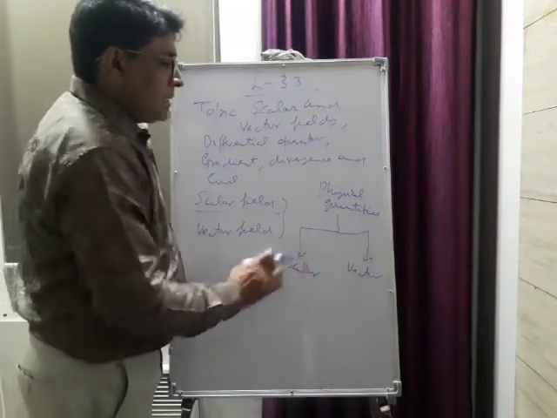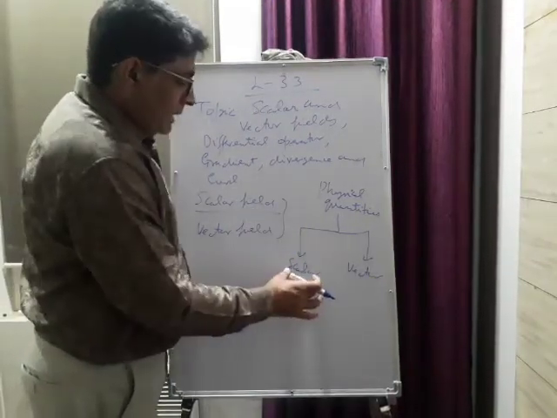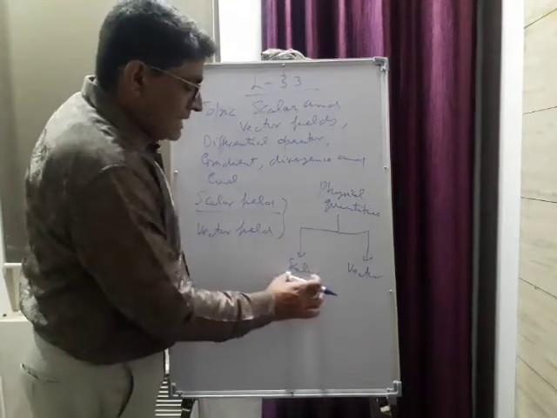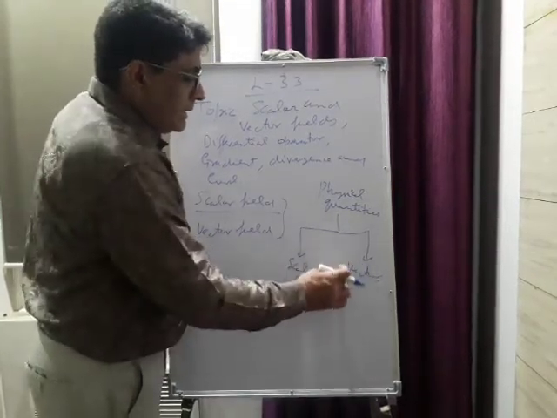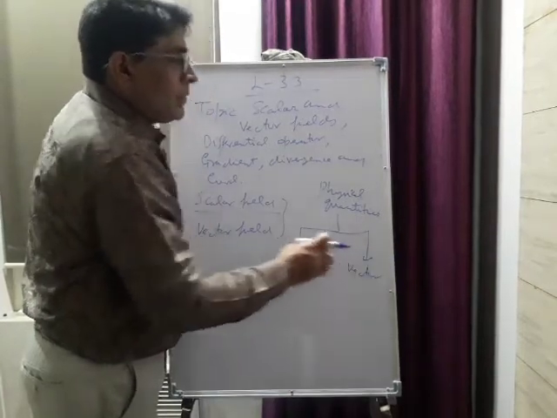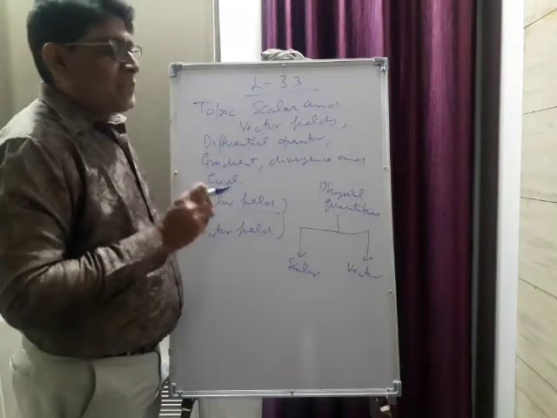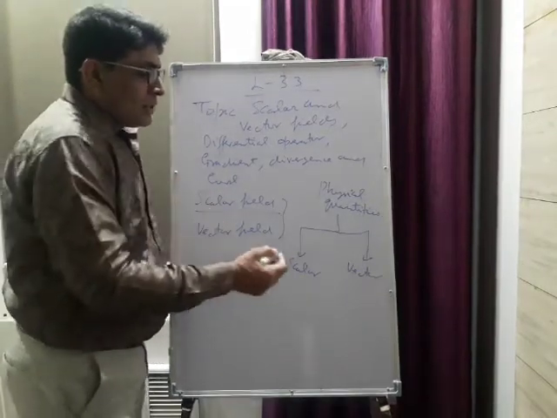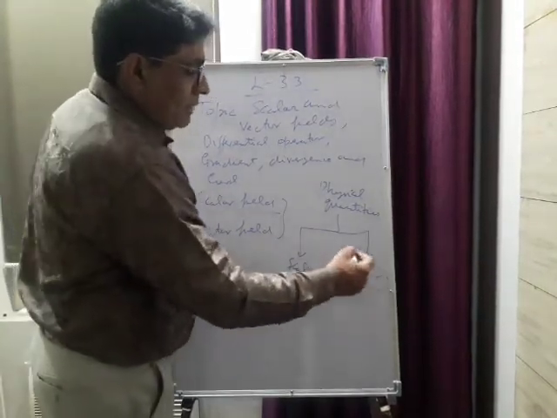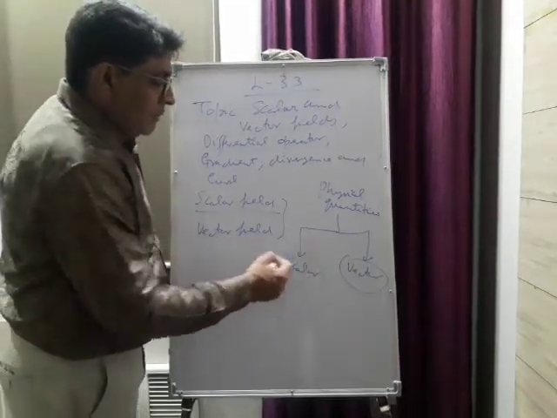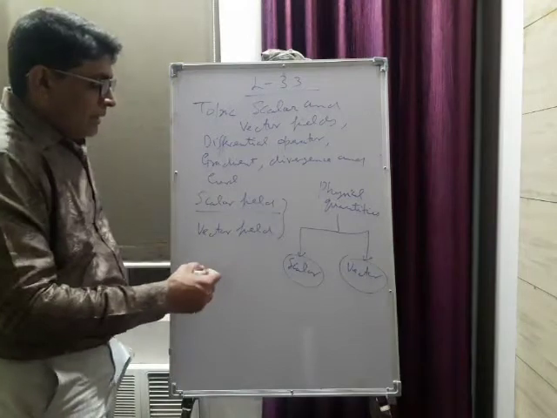The quantities which have only magnitude are known as scalar quantities, and the quantities which have magnitude as well as direction are known as vector quantities. So we study the scalar and vector quantities in a field.